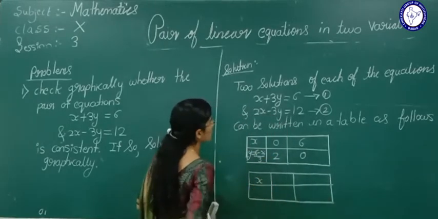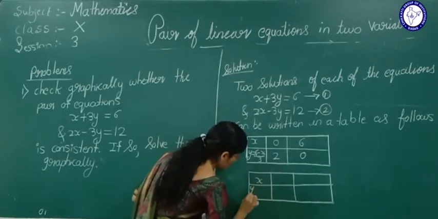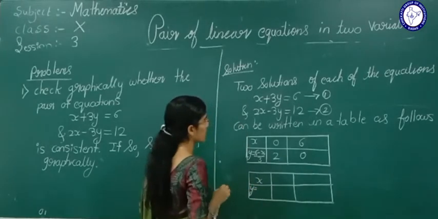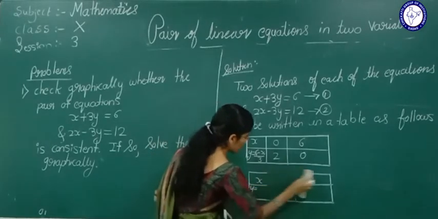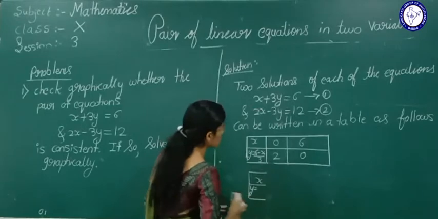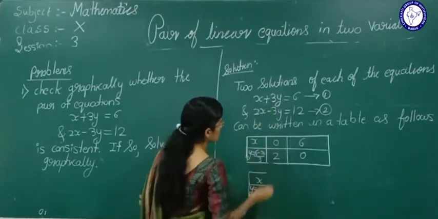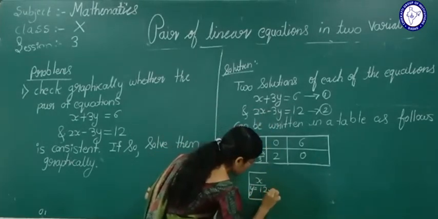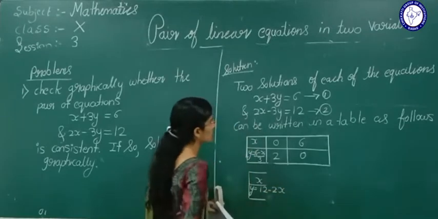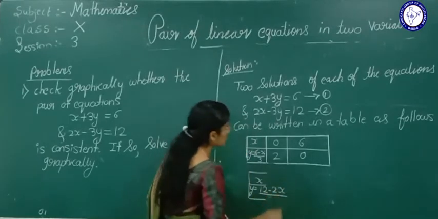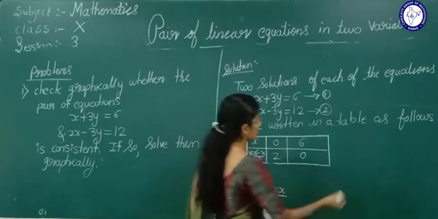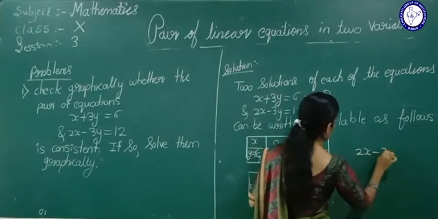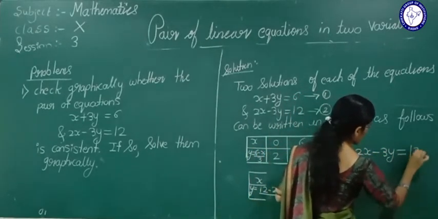We have to find the x value and the corresponding y value. y is going to be 12 minus 2x by 3. See here, 2x minus 3y is equal to 12, right?